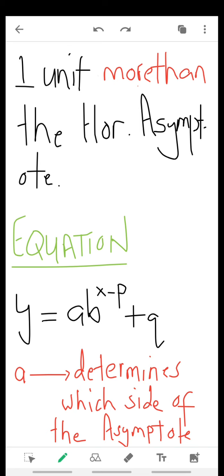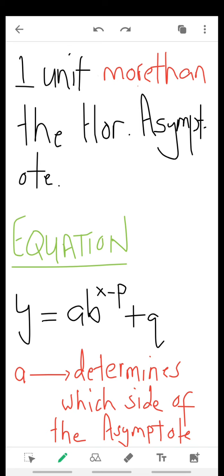It's always 1 more than the value of the asymptote. If your horizontal asymptote is y equals a minus 4, then the y-intercept of the exponential function will be y equals a minus 3. Remember, minus 3 is bigger than minus 4. So the y-intercept in this case will always be bigger than the horizontal asymptote by 1 unit. That is very, very important.